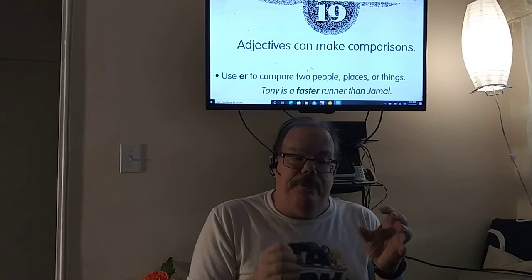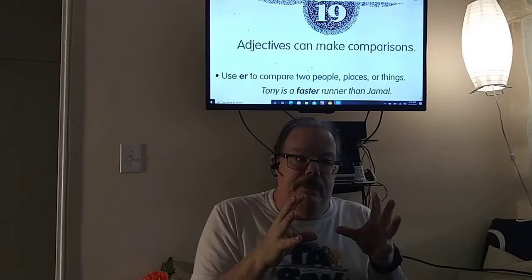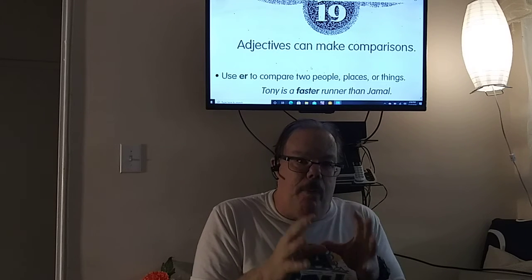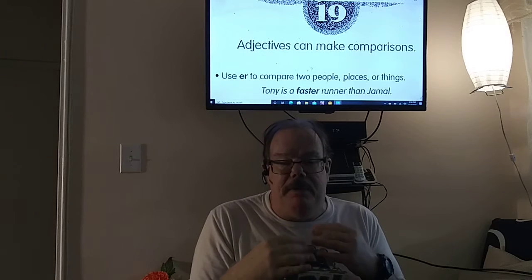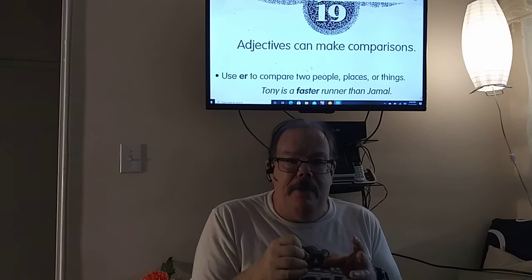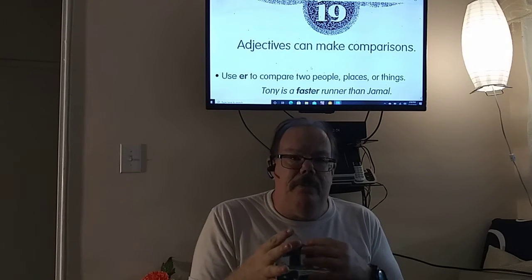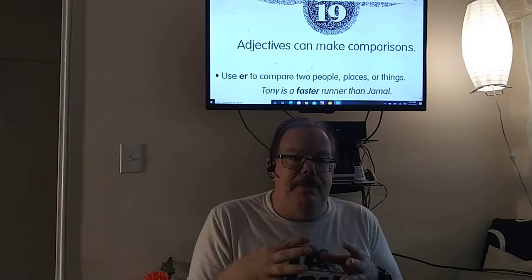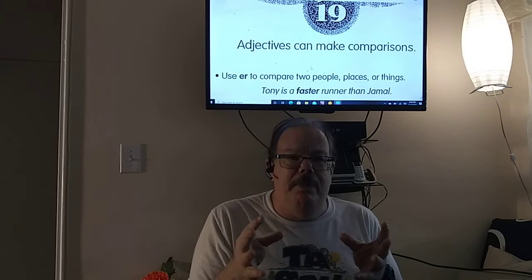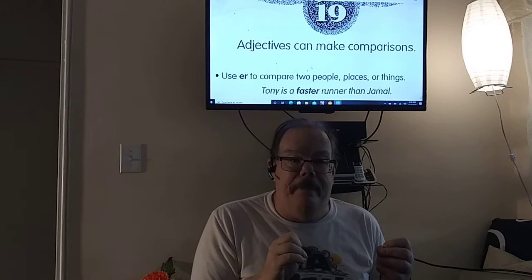So if a word is small, like big becomes bigger, we add ER. However, if a word is big, like beautiful, we don't say beautifuler, we use more.